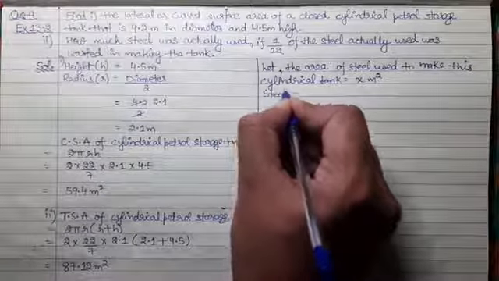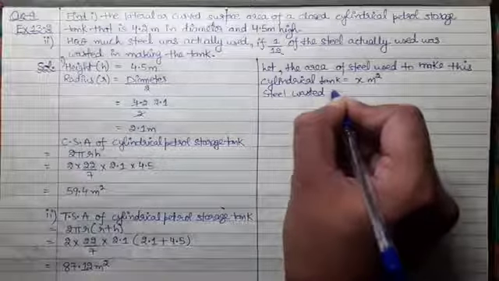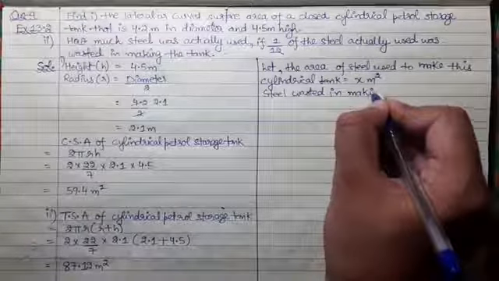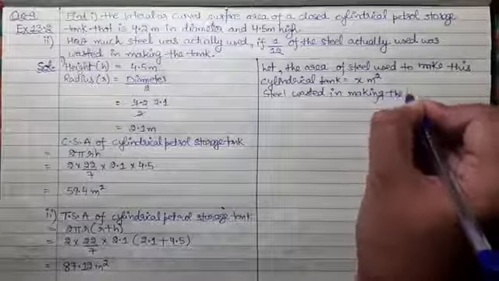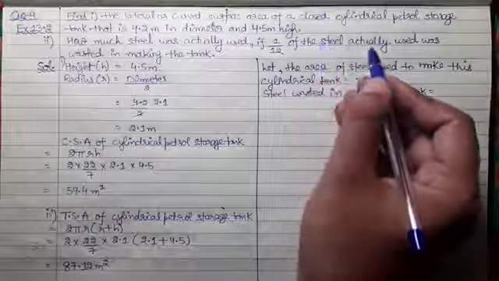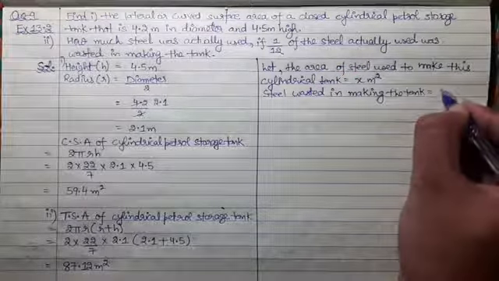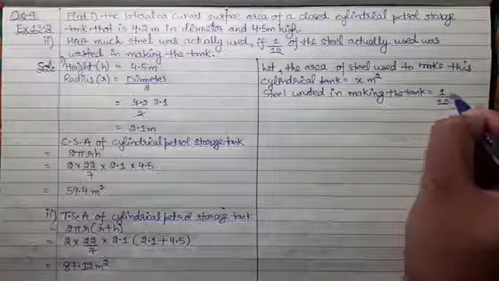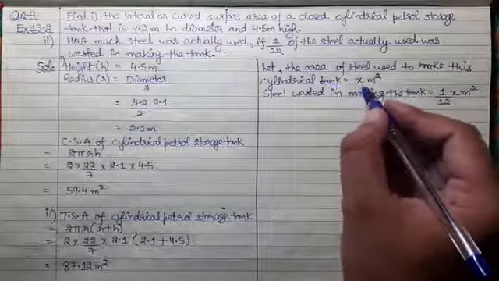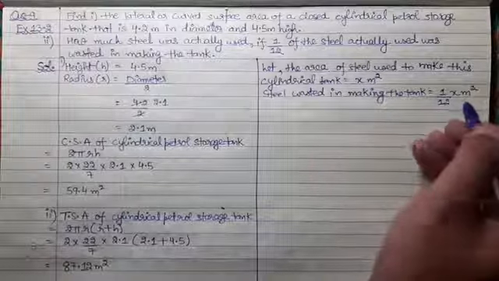Steel wasted in making the tank, which is given in the question, is 1/12 of actual steel, that is 1/12 x meter square, because we have assumed that total steel is x meter square.